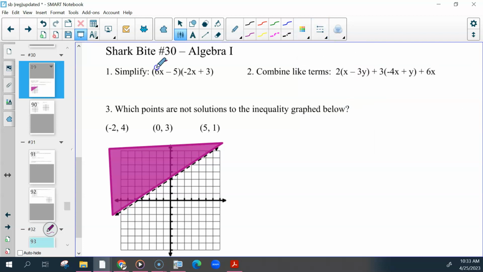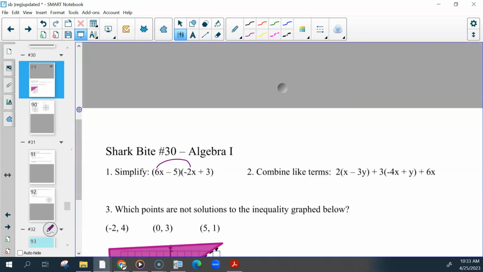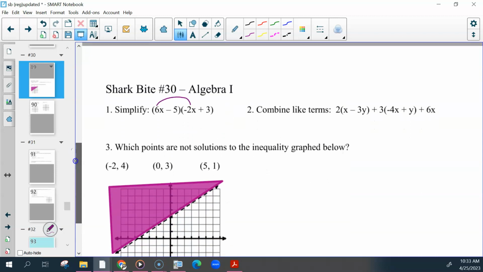Take the first term, multiply it to the first term and the second. 6x times negative 2x would give us what? Negative 12x. The exponents will change to what? Squared. And then 6x times 3, so positive 18x.